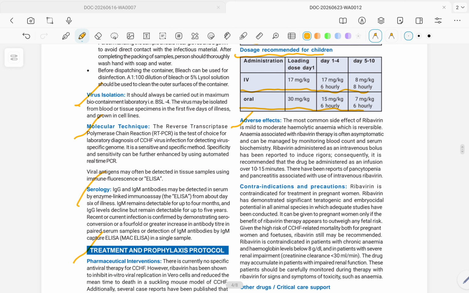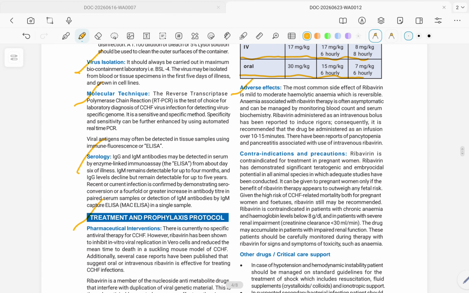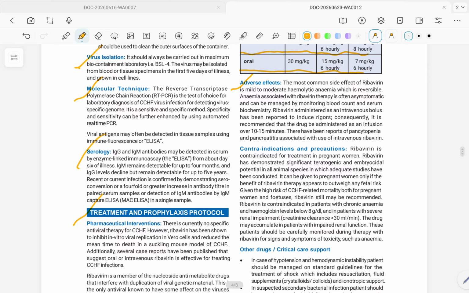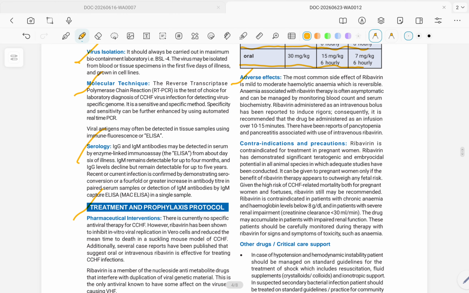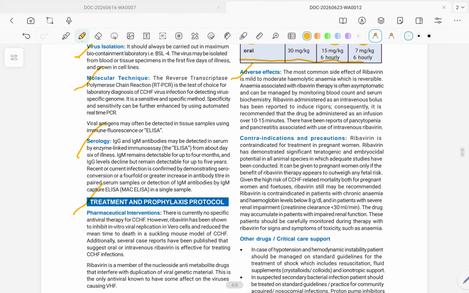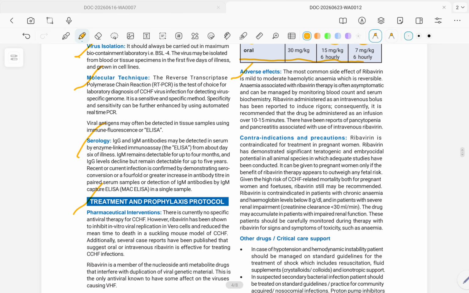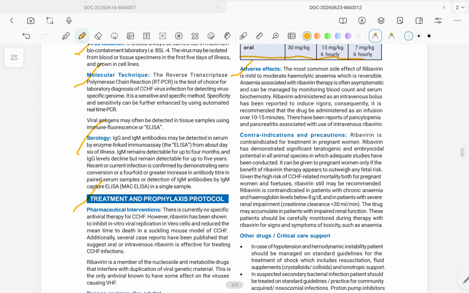Adverse effect. The most common side effect of ribavirin is mild to moderate hemolytic anemia, which is reversible. Anemia associated with ribavirin therapy is often asymptomatic and can be managed by monitoring blood count and serum biochemistry. Ribavirin administered as an intravenous bolus has been reported to induce rigor.